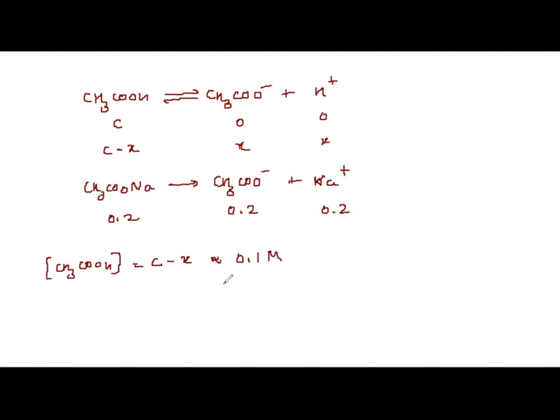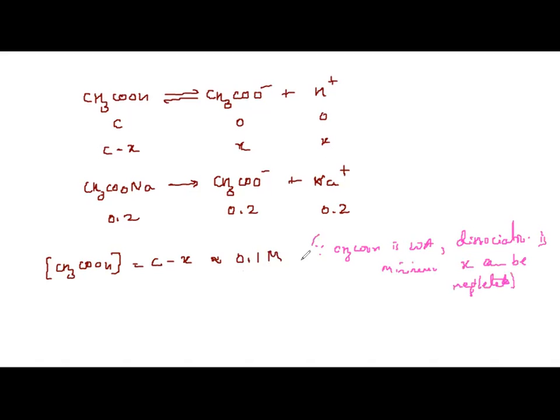So it is nearly equal to 0.1 molar only. Why? Because acetic acid is a weak acid, so dissociation is very less, minimum. Therefore X can be neglected. Hardly any amount has dissociated.